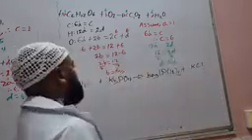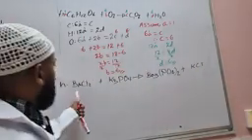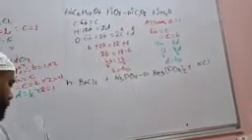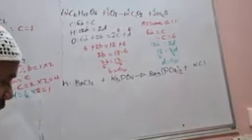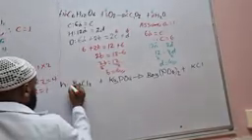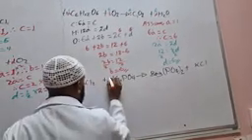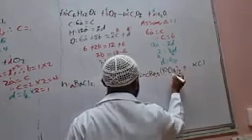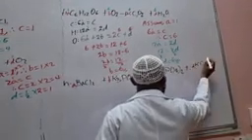This is the reactant and the product. Therefore, what we do here is put the algebraic coefficients: A here, B, C, and then finally D.